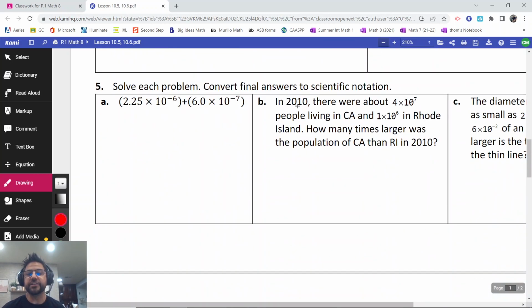Right here, it says in 2010, there were about 4 times 10 to the 7th people living in California and 1 times 10 to the 6th in Rhode Island. How many times larger? Whenever you see that phrase, how many times larger, it means division. So remember, you're going to write this number in standard form.